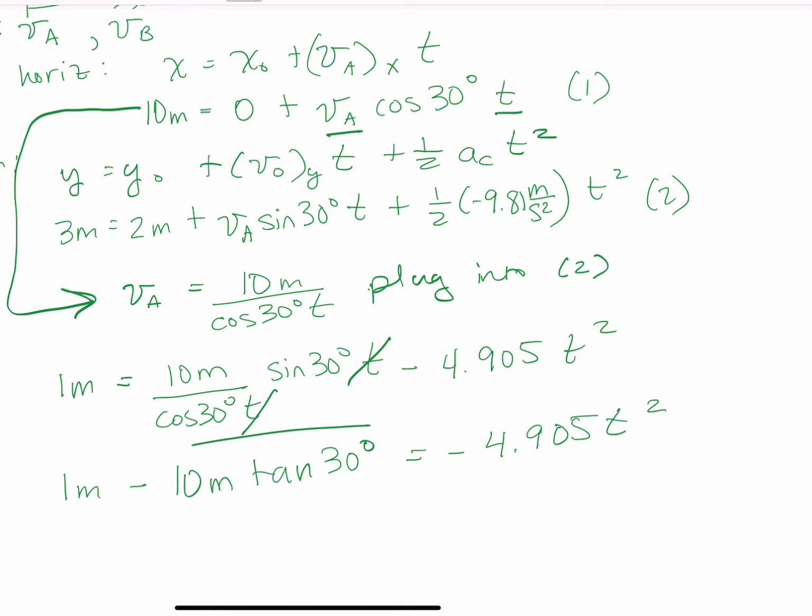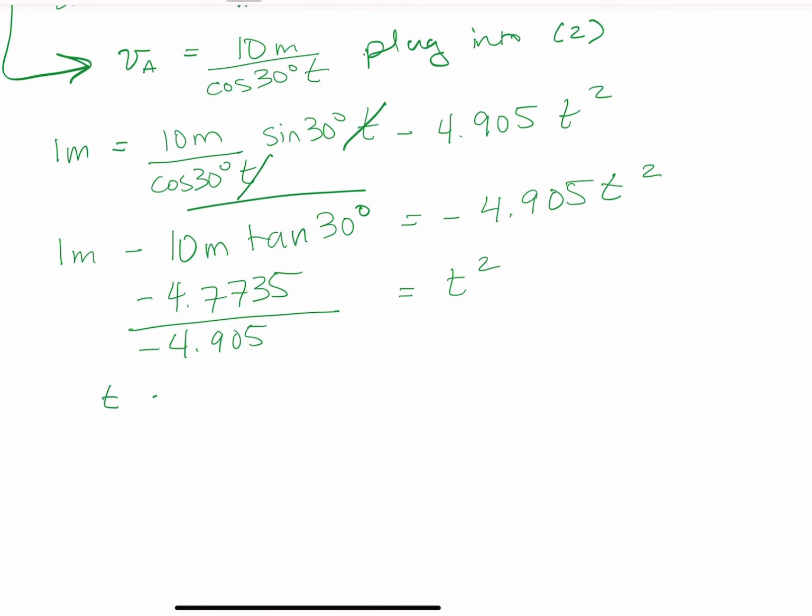So 1 minus 10 times the tangent of 30 equals negative 4.7735. And then I'm going to divide that by that negative 4.905. That equals time squared.